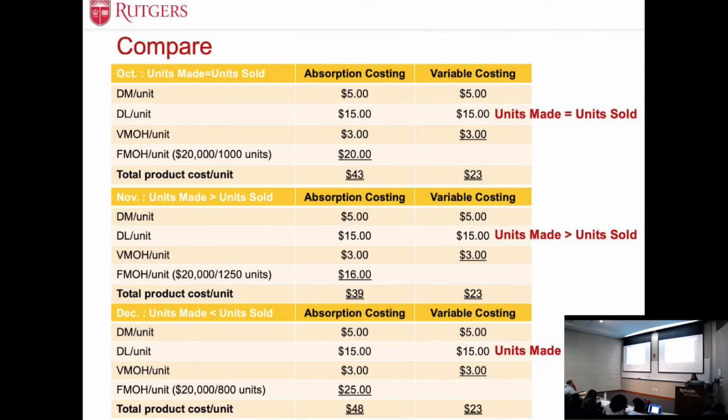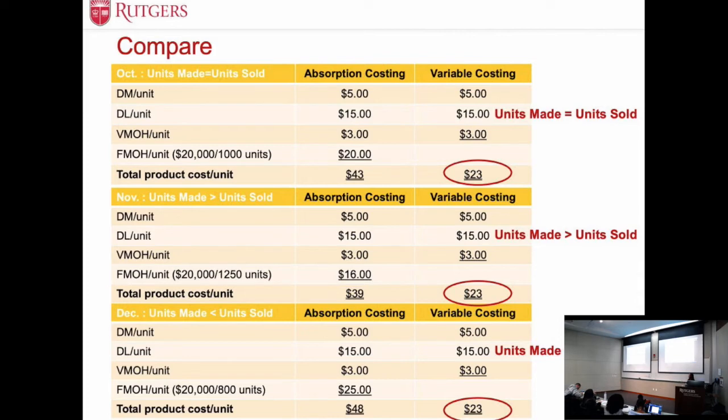So this is the comparison among the 3 situations, right? So in October, the unit production cost, okay, so the first observation here is that no matter how the situation changes, the unit production cost under the variable costing is the same, right?